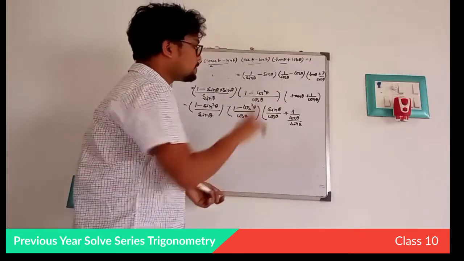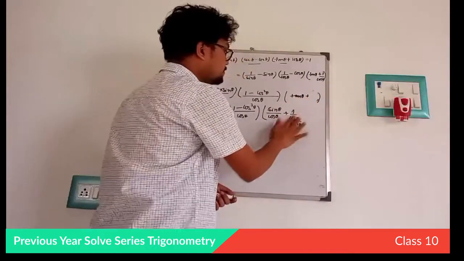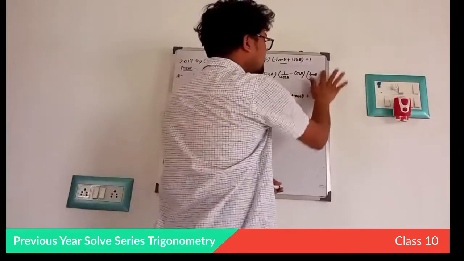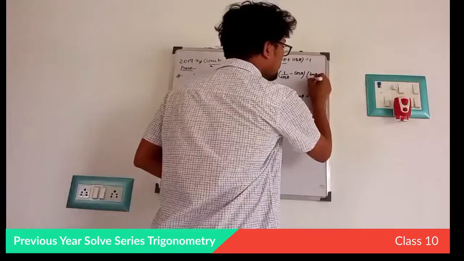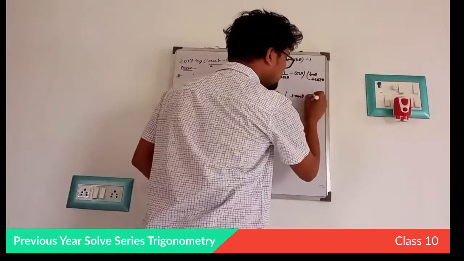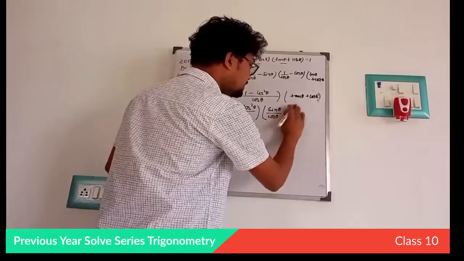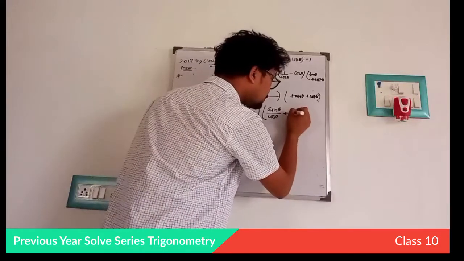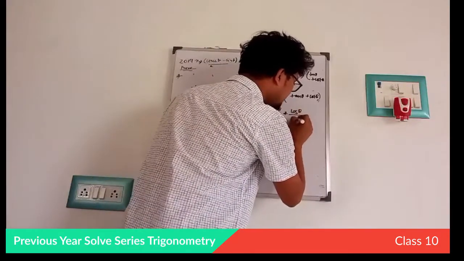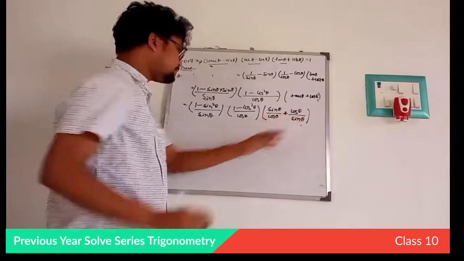Sorry, there is a problem. I have made a mistake. Sorry. Tan theta plus cot theta: cot theta means cos theta by sin theta. Okay, fine.